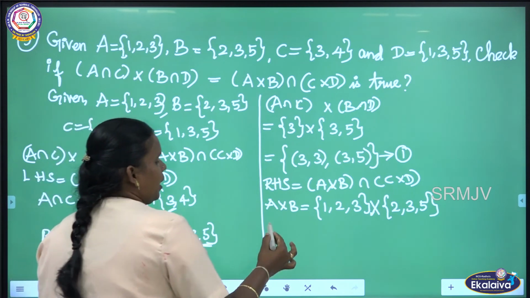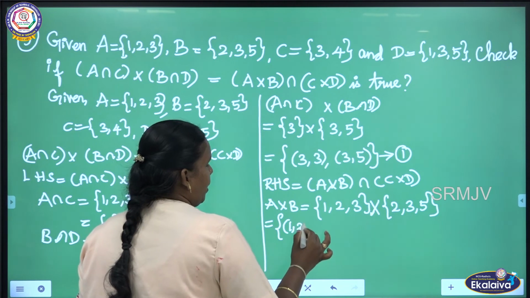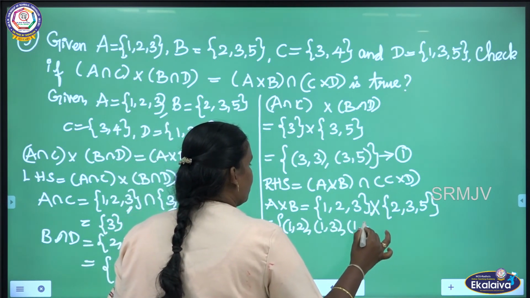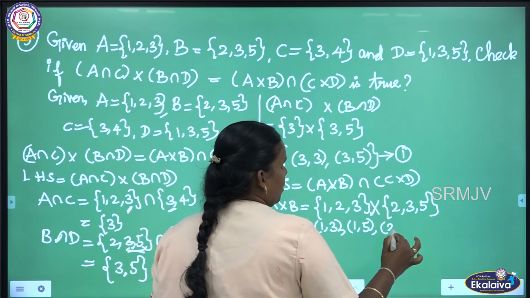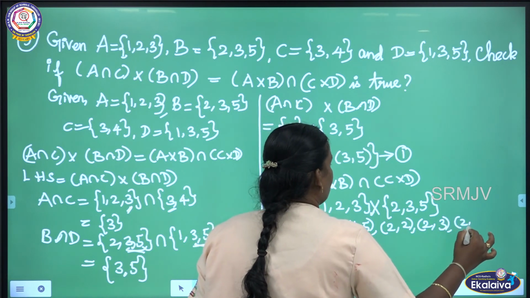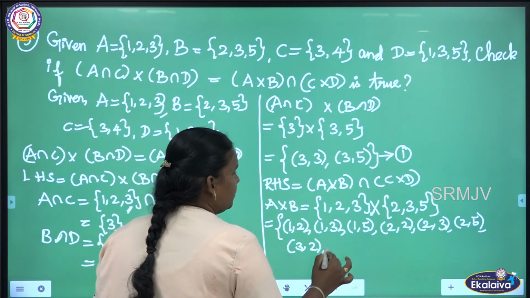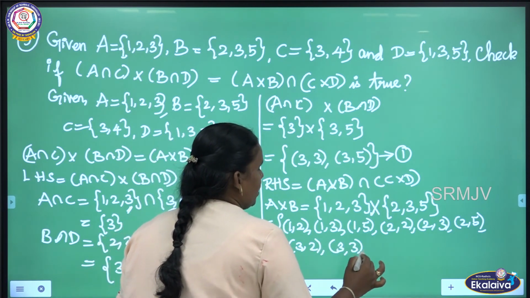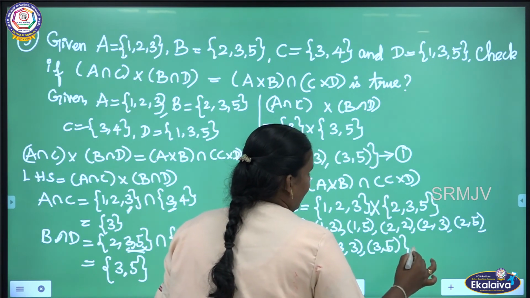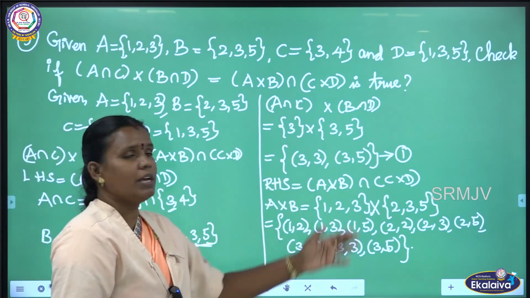Clear? Then I am going to find the cross product of these two sets. Take the first element: (1, 2), (1, 3), (1, 5). Then the second element: (2, 2), (2, 3), (2, 5). Then the third element: (3, 2), (3, 3), (3, 5).